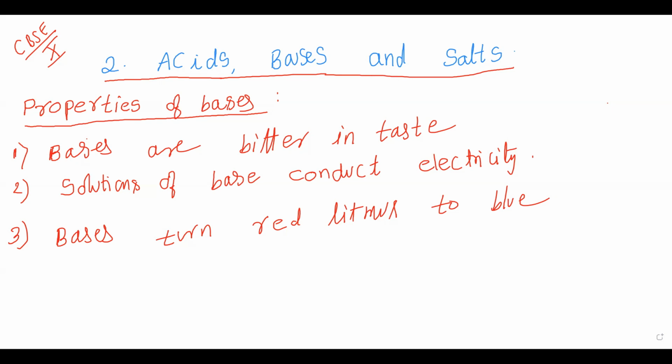Bases turn red litmus to blue. How does the color change? If you dip a litmus paper in base, red litmus will turn blue. So these are the properties of bases.